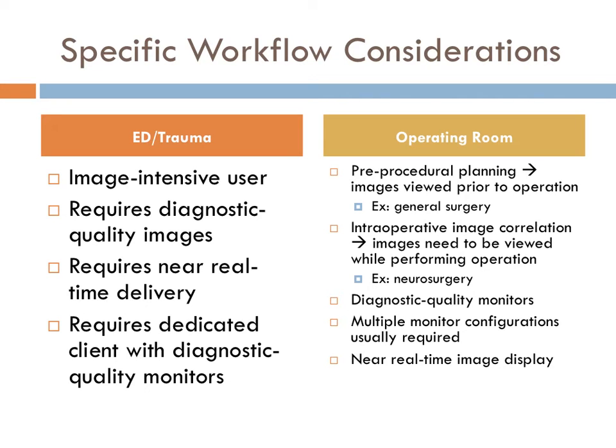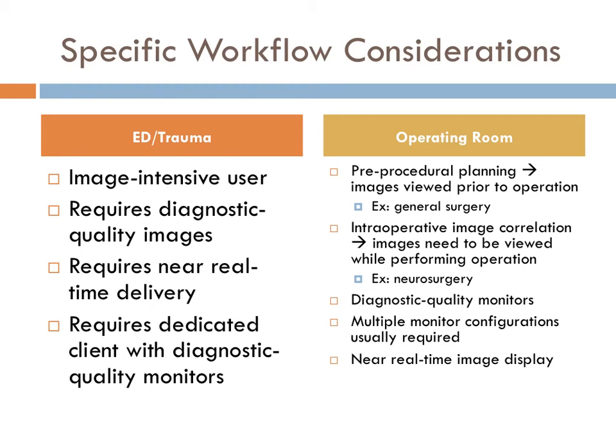So then there's the operating room. They use pre-procedural planning, which are images viewed prior to operation. And this is just an example for the type of image distribution that is used during surgery. The doc will always look at the images prior to the surgery. Interoperative image correlation is when images need to be viewed while performing the operation.